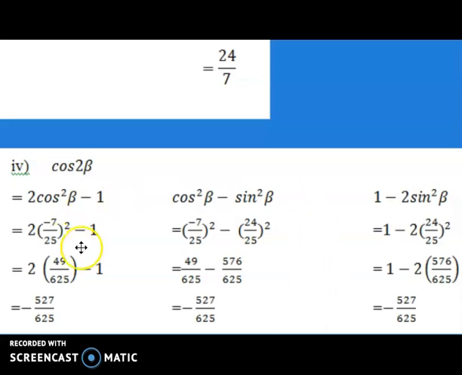Here it is important to remember that cos of beta was negative 7 over 25. Remember, on top you had a different calculation. You had cos of 180 degrees minus beta. This is cos of beta. Negative 7 over 25. Okay?